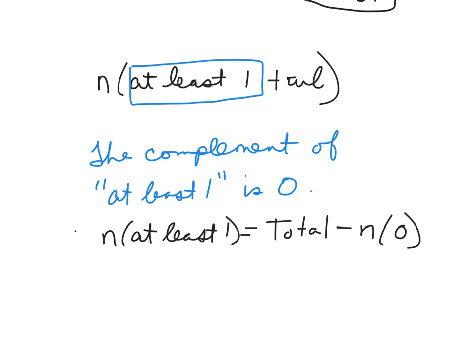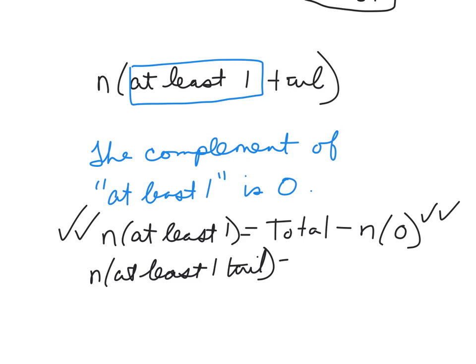So again, let me say that again. If I get an at least one problem, I'm going straight to this formula all chapter long. That's where I'm headed. So here I'm asking for the number of ways I could get at least one tail, which equals the total minus the number of ways I could get 0 tails.